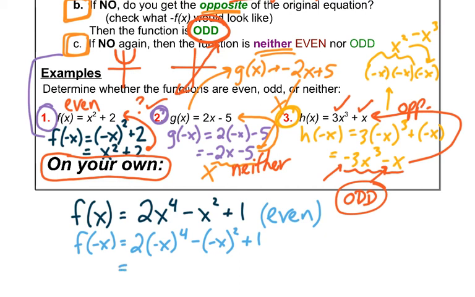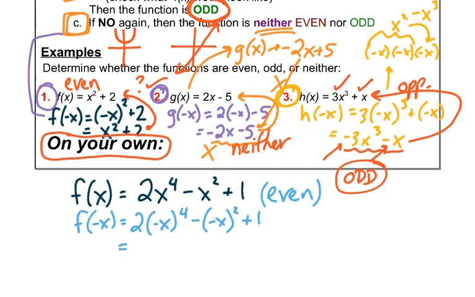Okay, I need a little bit of algebra magic here to simplify. Ready? Okay, this part here, when I do negative x to the fourth, that's 4 negative x's. That's 4 negatives. That changes it actually into a positive x to the fourth. And then when you multiply on the outside by 2, I should get a positive 2x to the fourth. Do you see that? The negative you multiply out 4 times, and so you should get a positive back out.